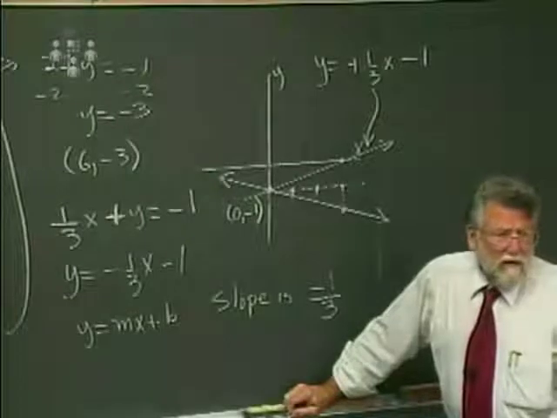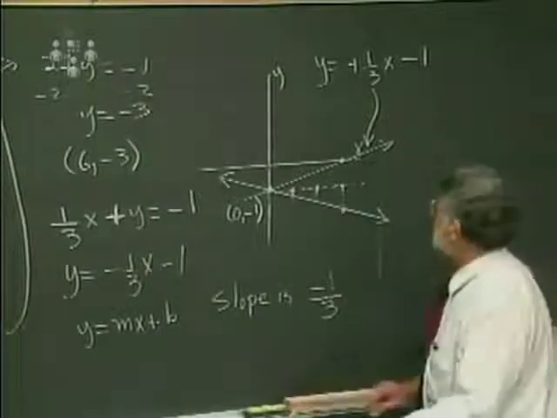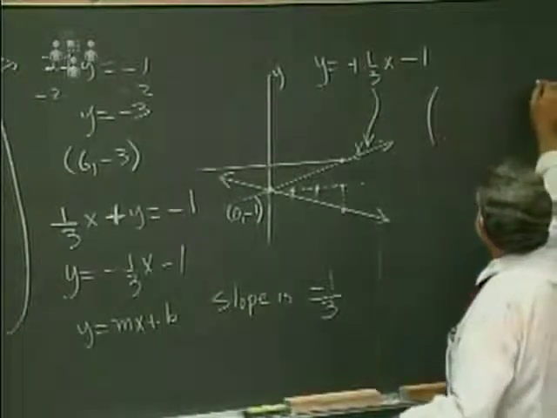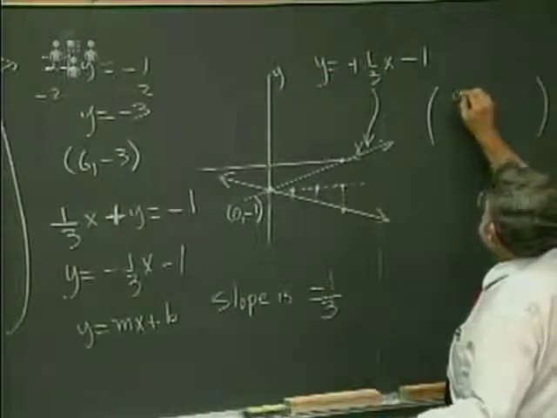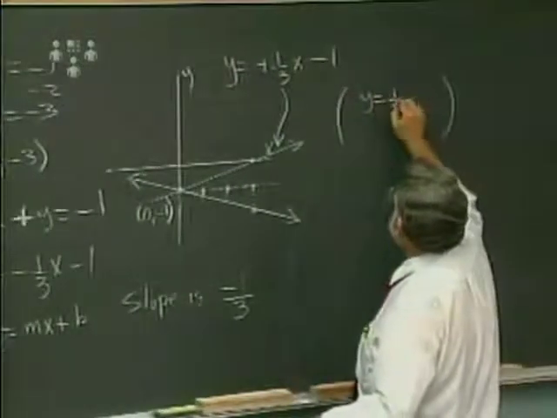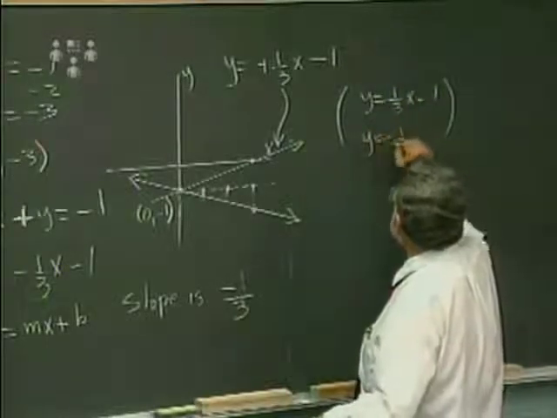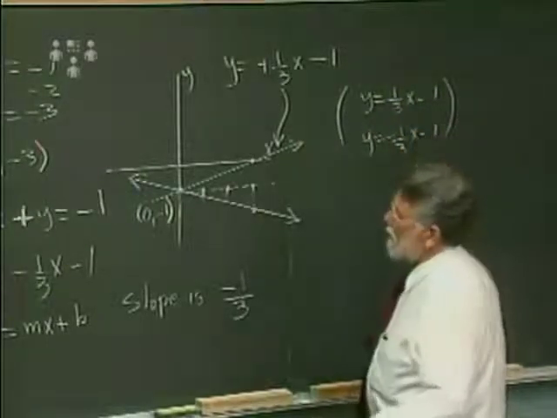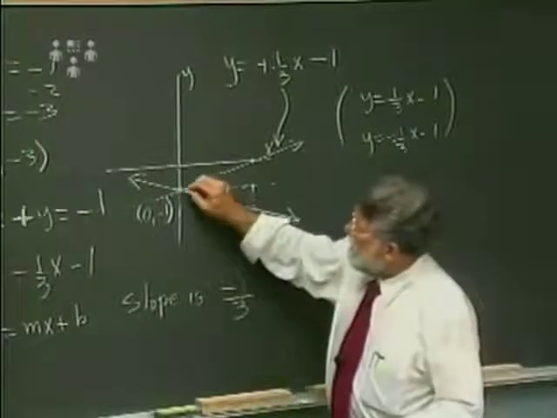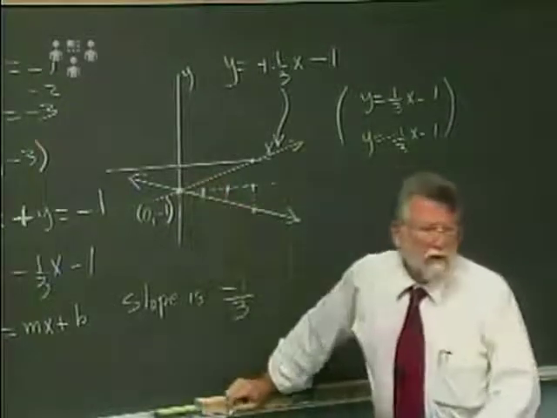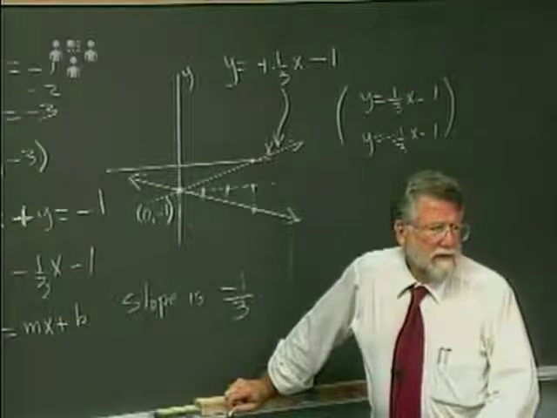And now I'm going to give you the 2 equations at the same time. If I gave you these 2 equations at the same time, then the point where they meet is called the simultaneous solution.